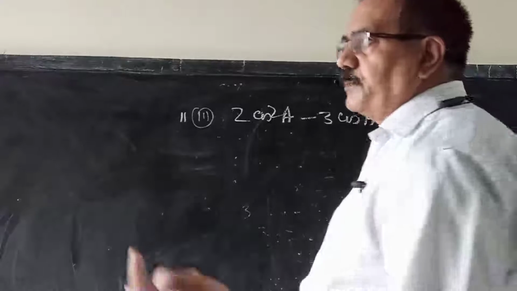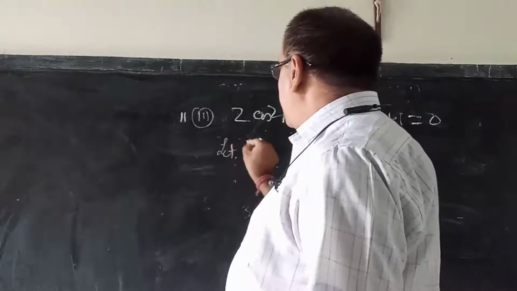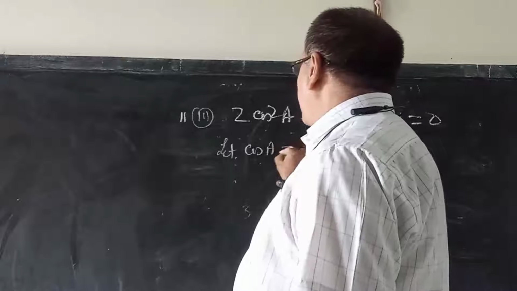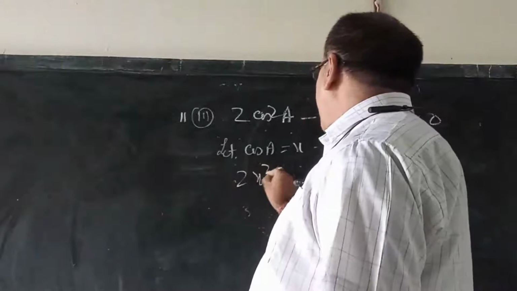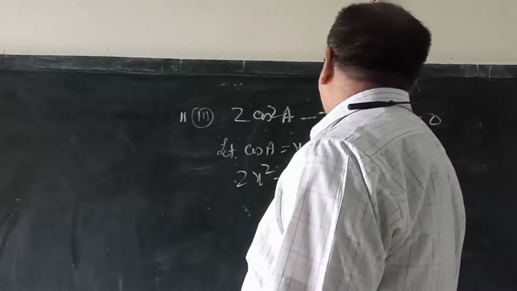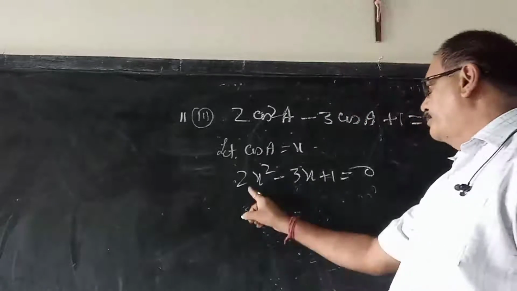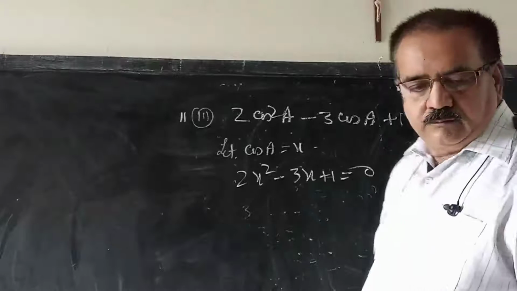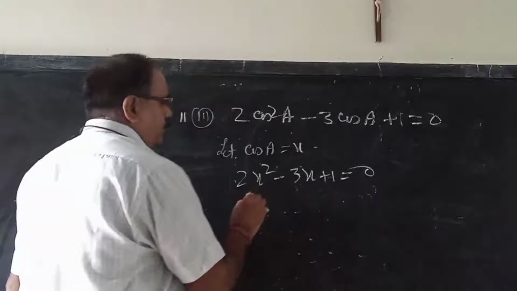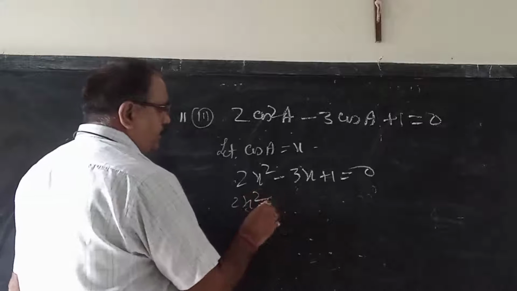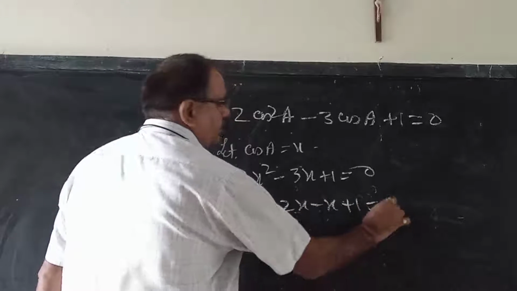If you have a problem splitting the middle term directly, let cos a be equal to x. So it becomes 2x² − 3x + 1 = 0. Now split the middle term: 2x² − 2x − x + 1 = 0.